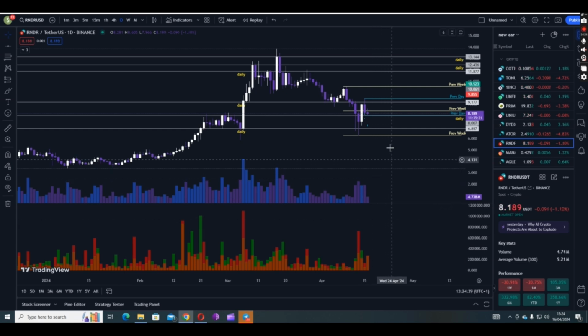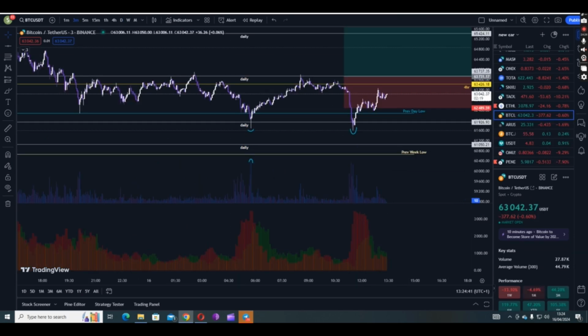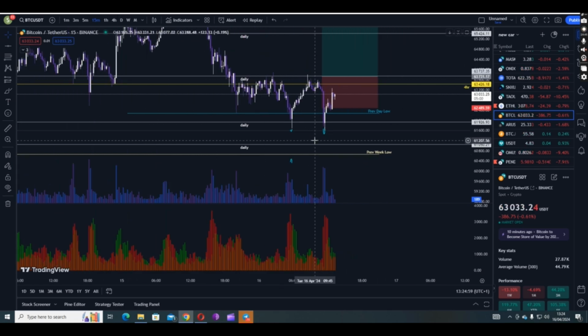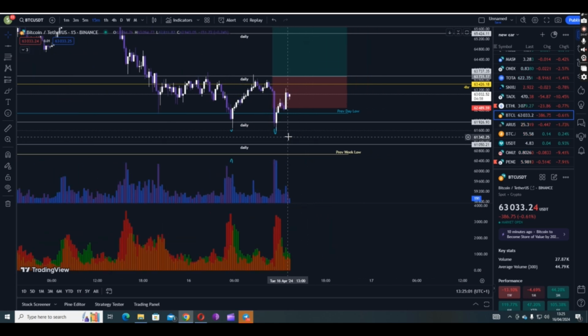So that's how we're going to be doing certain areas of interest and watching how you use volume and levels. Even on the 5-minute chart, 3-minute chart, 15-minute chart, you can look at these levels if you've marked them out on your daily levels and have the confluence to think, yeah, this is what's going to happen.